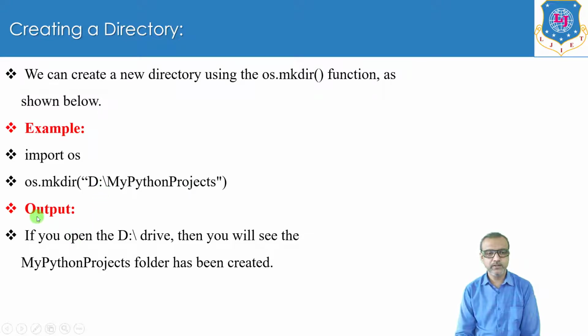So what will be the output? If you open the D drive, then you will see the my Python projects folder has been created. Now I will show you the output of this program in PyCharm.